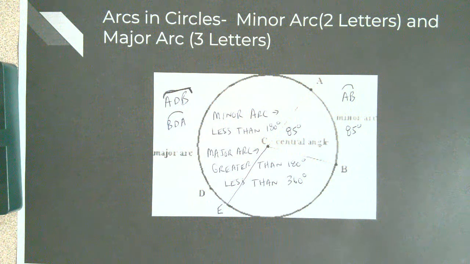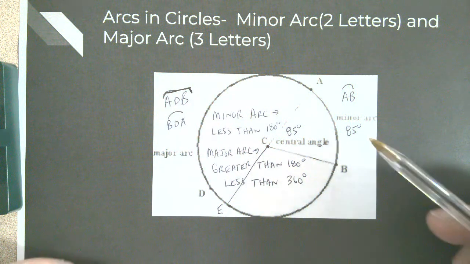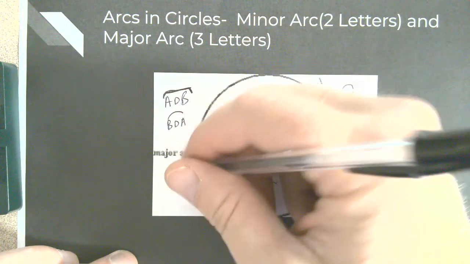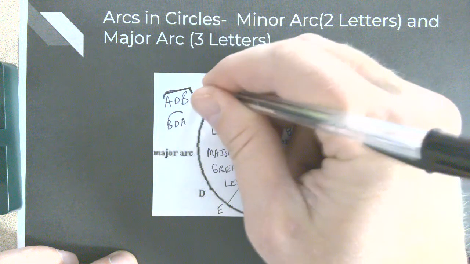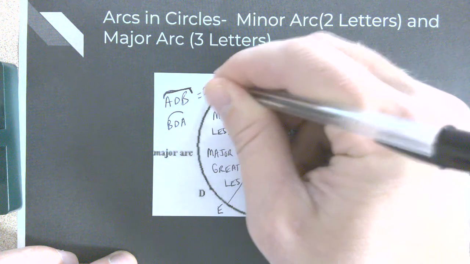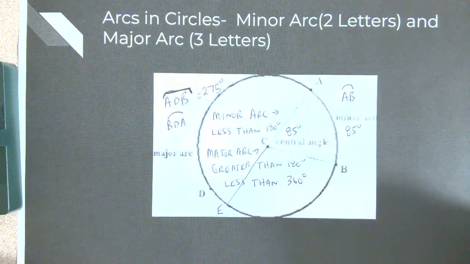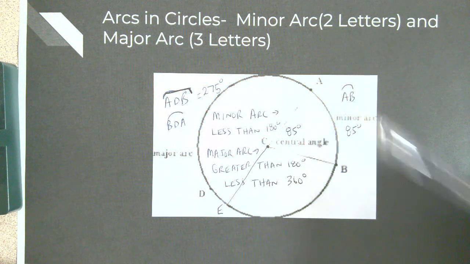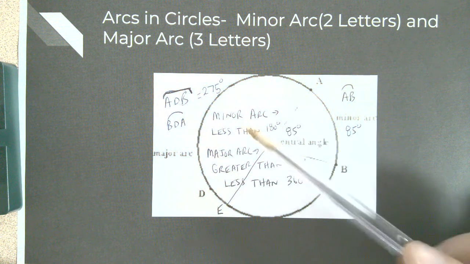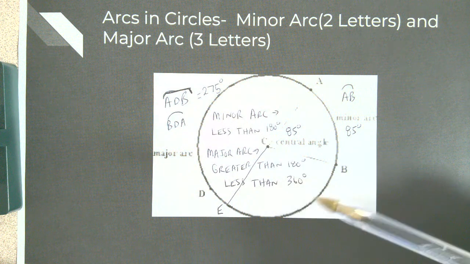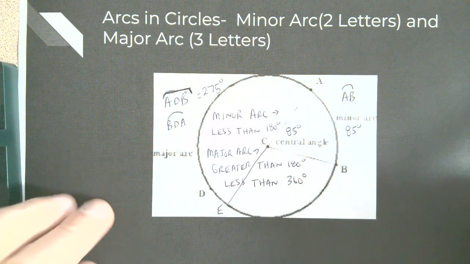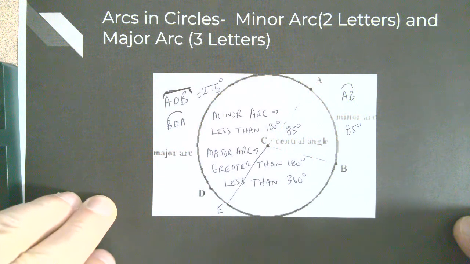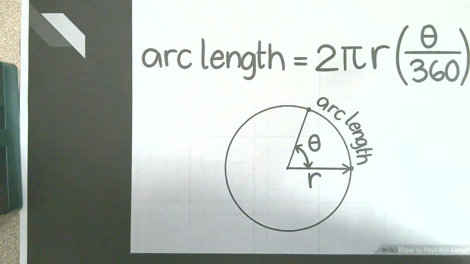We know all the way around the circle is 360. So I'm going to do 360 minus the 85. That major arc is equal to 275 degrees. All I did was take 360 minus the minor arc of 85 to get that 275. Okay, let's go ahead and move on.